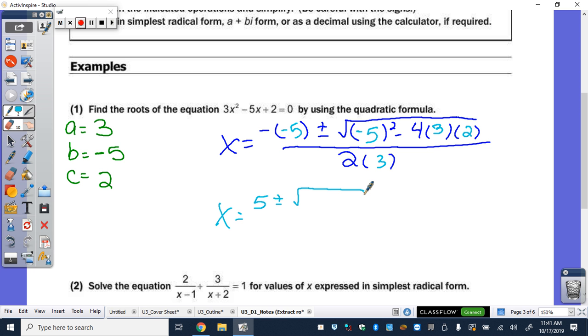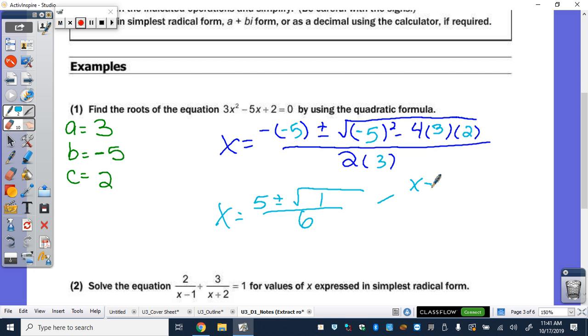What do we get underneath that radical? 1. Because negative 5 squared is 25. 4 times 3 times 2 is 24, so 25 minus 24 gives us a 1. And then we get a 6 in the bottom because 2 times 3 gives us 6. So is 1 a perfect square? Yeah. What's the square root of 1? 1.